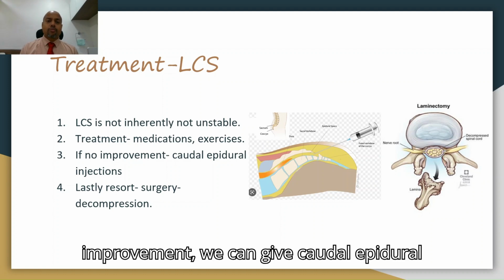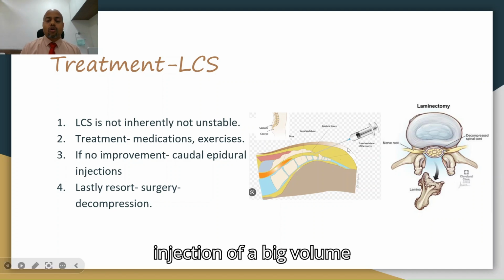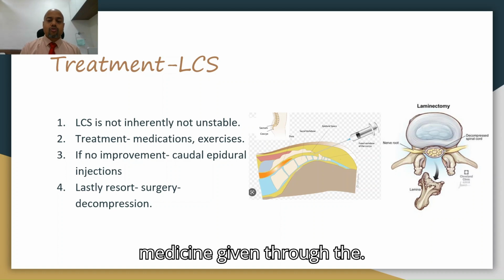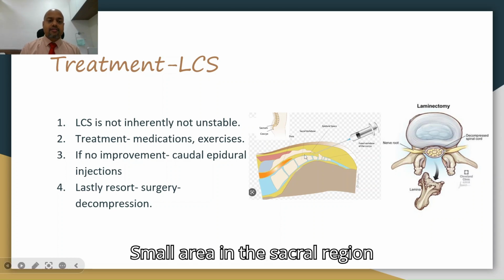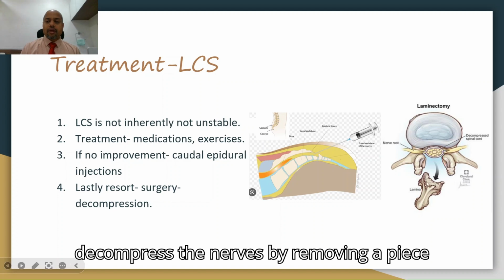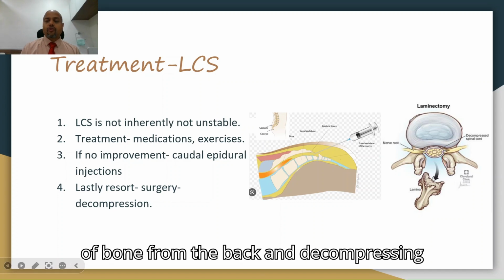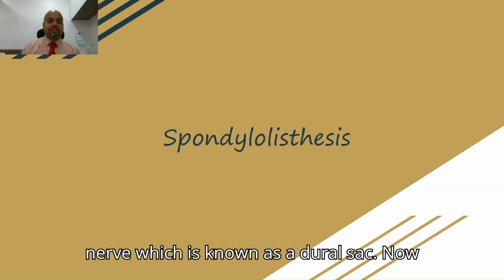Okay, if there is no improvement, we can give caudal epidural steroid injections, which is an injection of a big volume of medicine given through a small area in the sacral region. Okay, and the last resort is a surgery in which we decompress the nerves by removing a piece of bone from the back and decompressing the nerves, the sheath of the nerve, which is known as the dural sac.